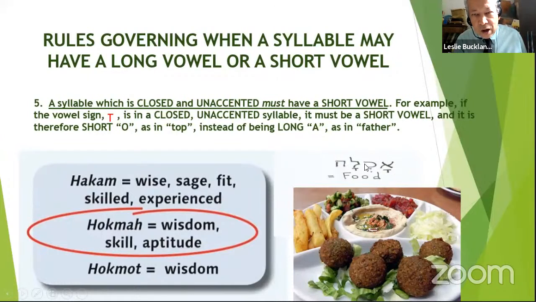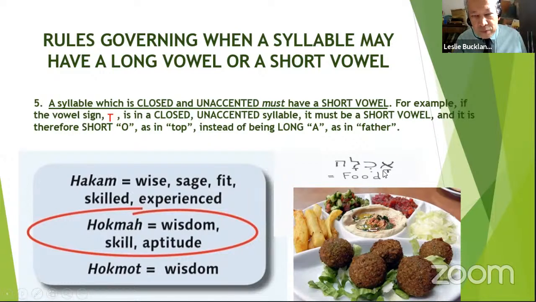It is also an unaccented syllable. It doesn't have an accent on it. It has both conditions for having a short vowel, because the rule says a syllable which is closed and unaccented, that is without an accent, must have a short vowel.